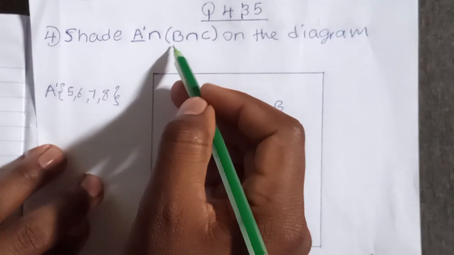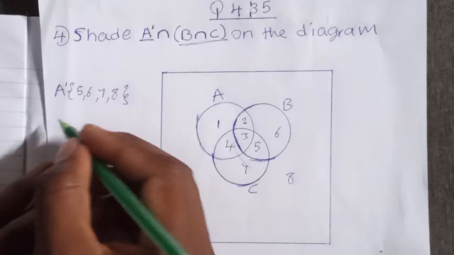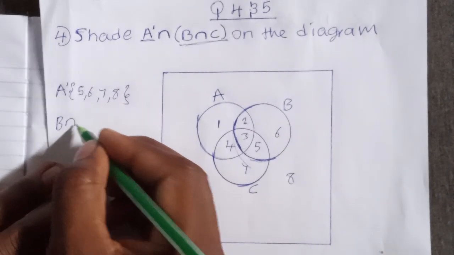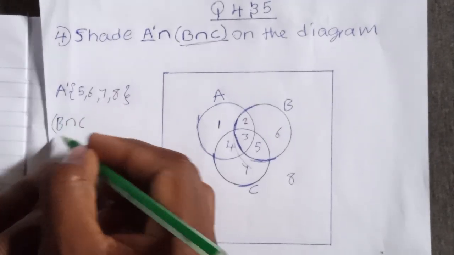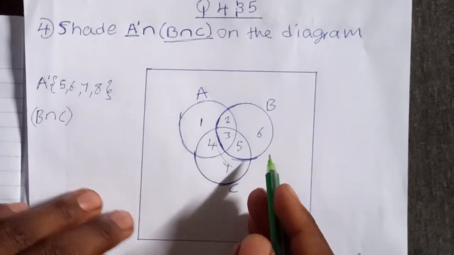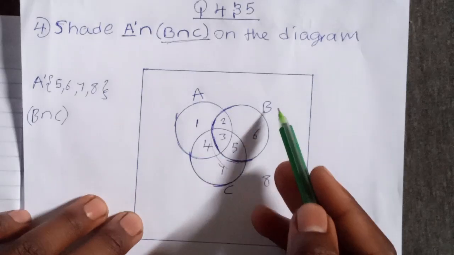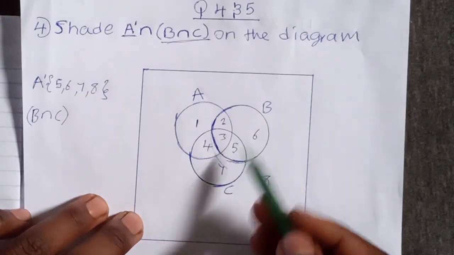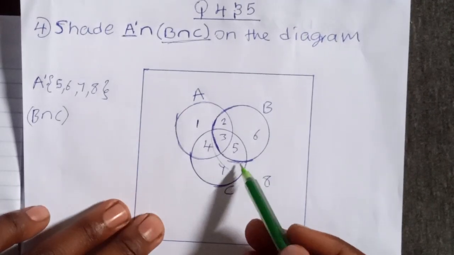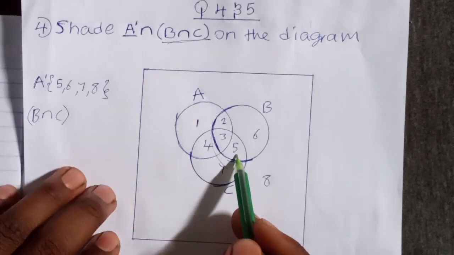Then we go to this one, B intersection C. Intersection means the numbers that are between B and C, and these numbers are 3 and 5.